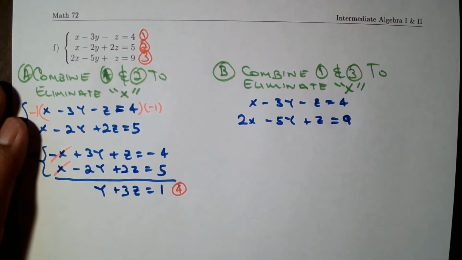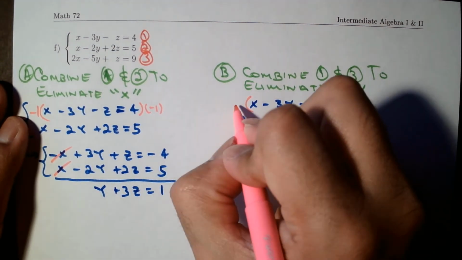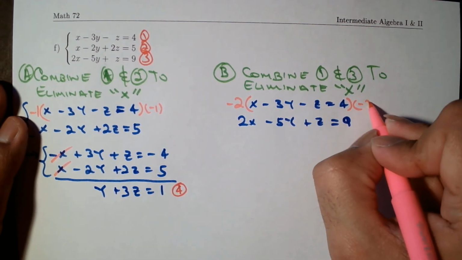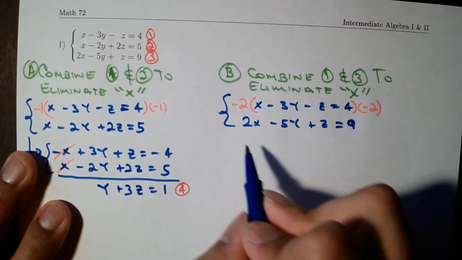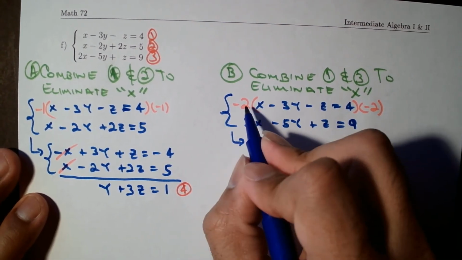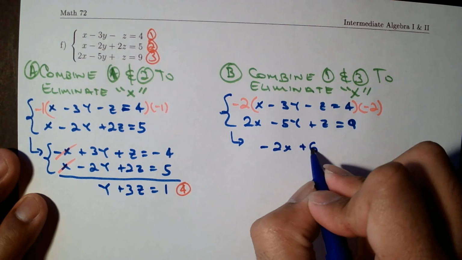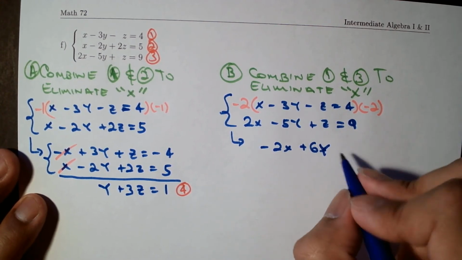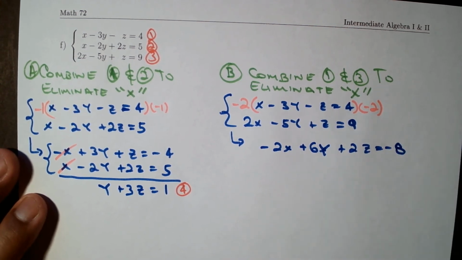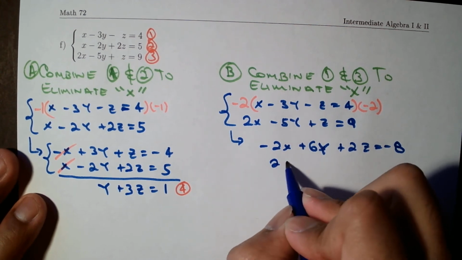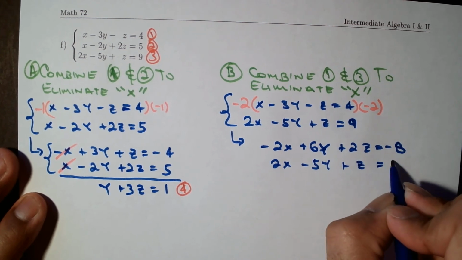So what are we going to do in this case? Well, the coefficient of x is 2. In order to cancel the x's, we need to multiply by the opposite in sign, in this case -2. So let's rewrite the system again, distributing the -2 about all these terms. So that's -2x plus 6y plus 2z equals -8, and 2x minus 5y plus z equals 9.